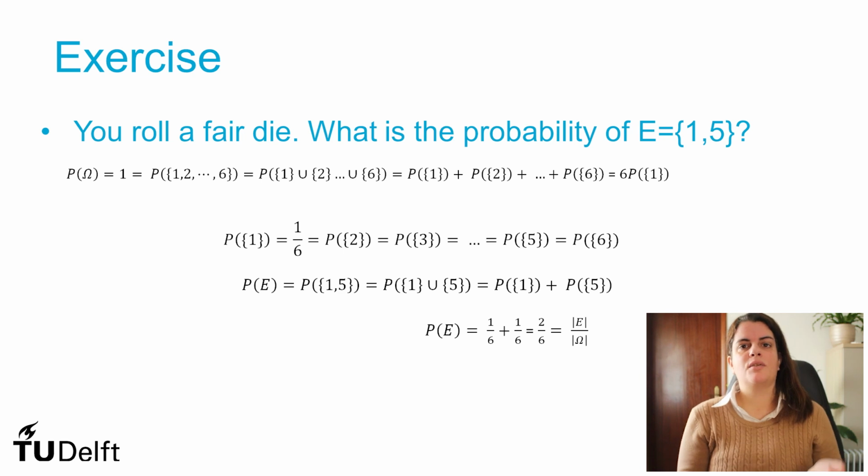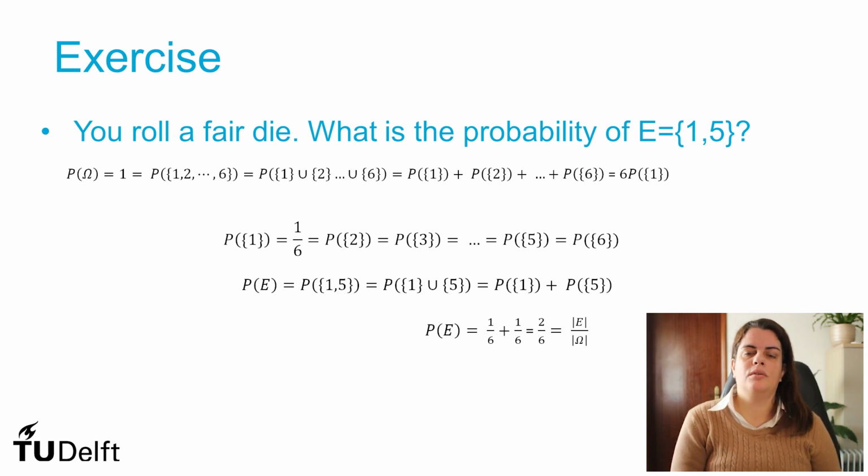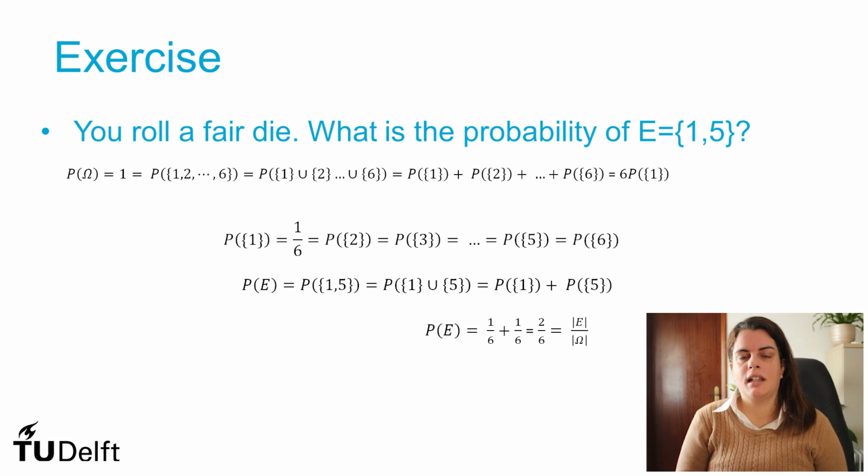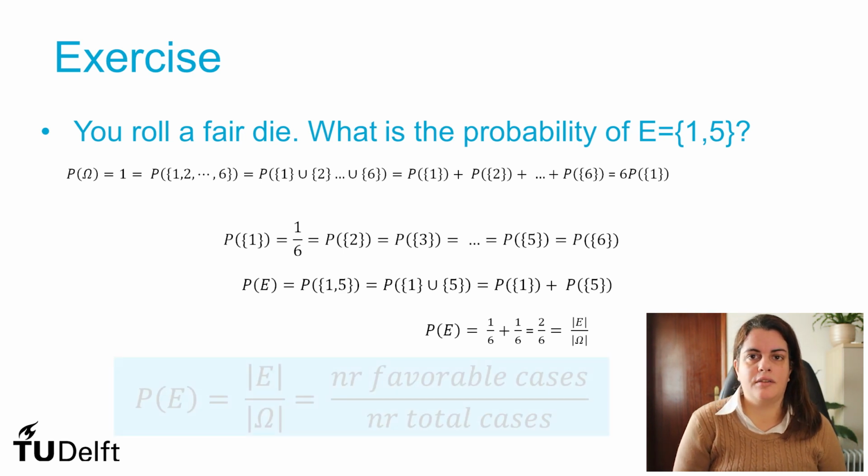If you analyze these probabilities, you recognize that this is just the cardinality of the event E over the cardinality of the sample space, the number of elements in the set A over the number of elements in the sample space. So this is the way that we typically calculate the probability of a given event.